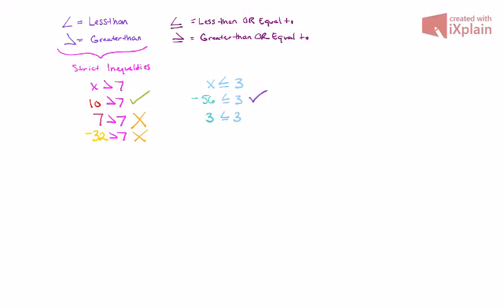Here we have a little bit more of a choice. Is 3 less than 3, or is 3 equal to 3? Since it does fit one of those conditions, we are okay to say, yep, that's appropriate. And then of course, if we go to the opposite extreme and say I pick 9, well, 9 is not less than 3, nor is 9 equal to 3. So here we would jump in and say, I can't use that. So that was just a brief tutorial on inequalities.